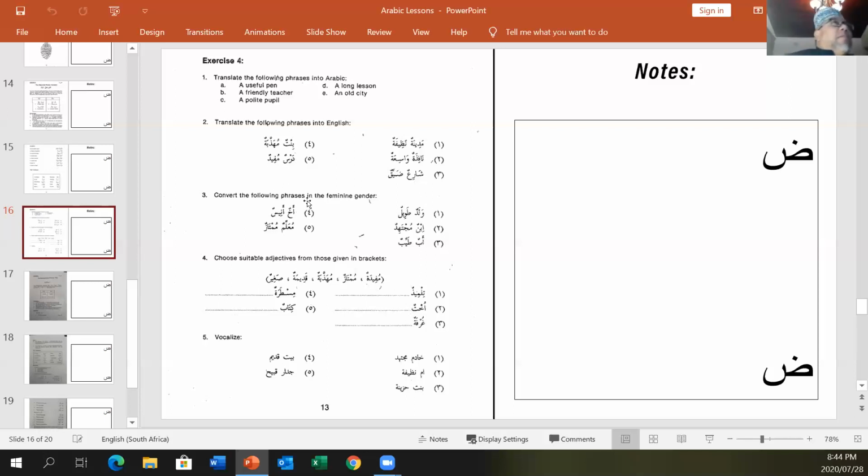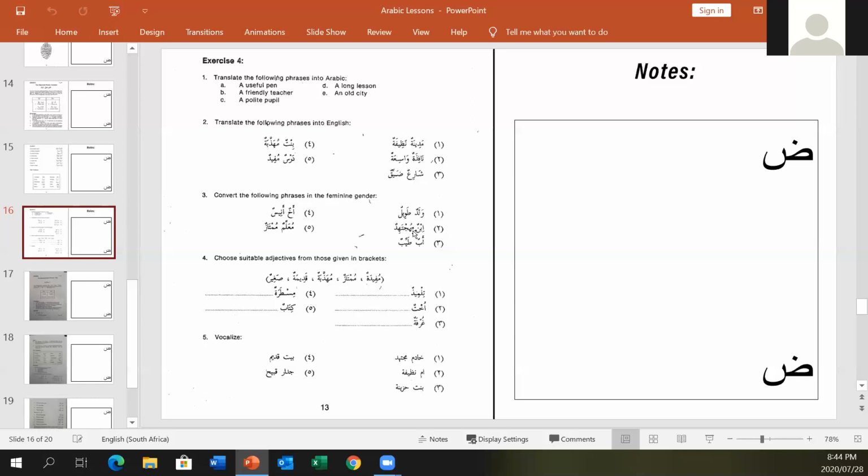Number 3, convert the following phrases. Obviously, when we speak about a phrase, it includes a noun with an adjective. So convert the following into the feminine gender. That's beautiful. Number one, waladun tawilun.